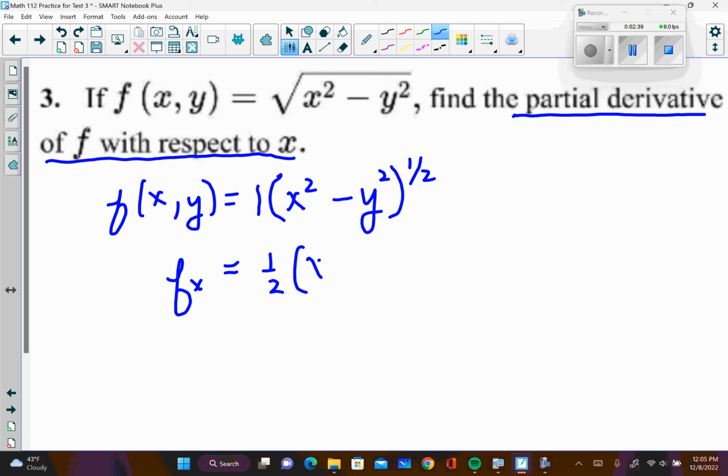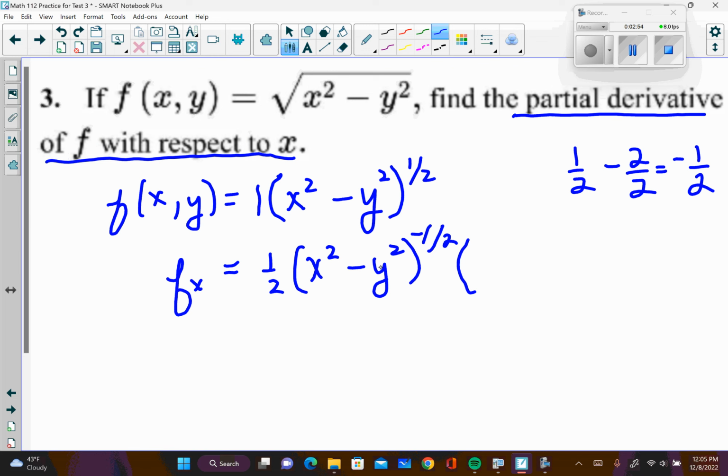What's in the parentheses gets copied. The exponent 1/2, we have to subtract 1. 1/2 minus 1 is negative 1/2. And then the derivative of what's inside the parentheses is 2x. Because with respect to x means x is the only variable. We're treating y as a constant, so the derivative of negative y squared is 0.